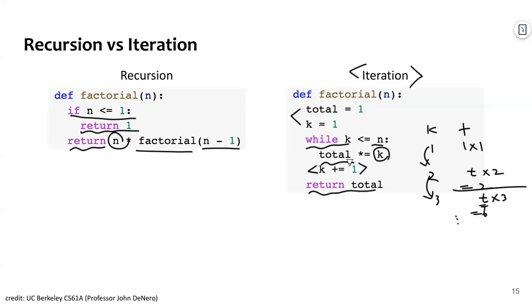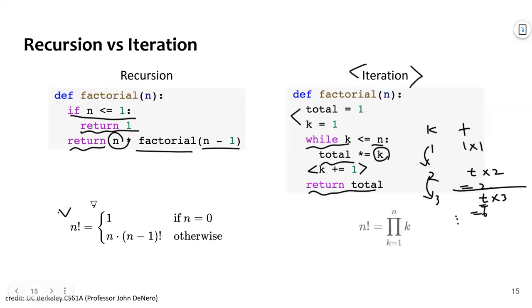So what are the differences between recursion and iteration? Mathematically, recursion is a relational equation like this. On the other hand, iteration can be expressed in this multiplication operation. All right? So mathematically, we can represent them differently.